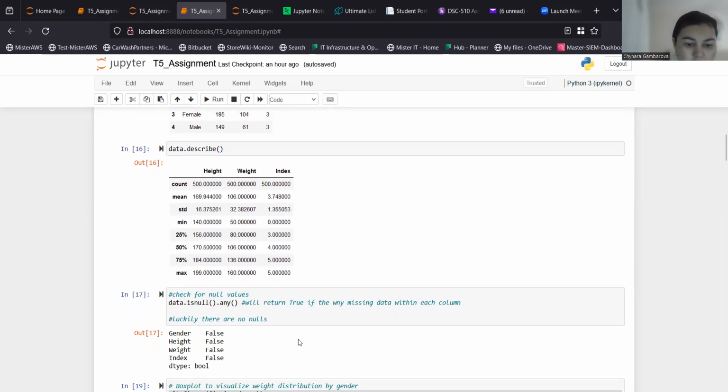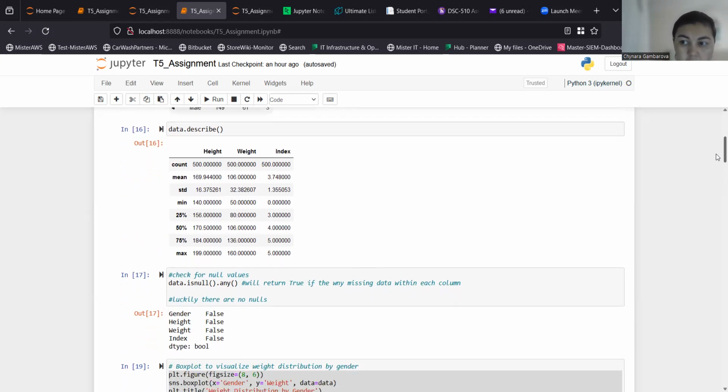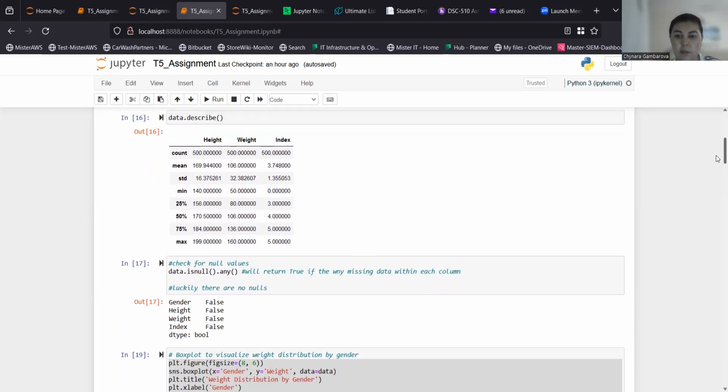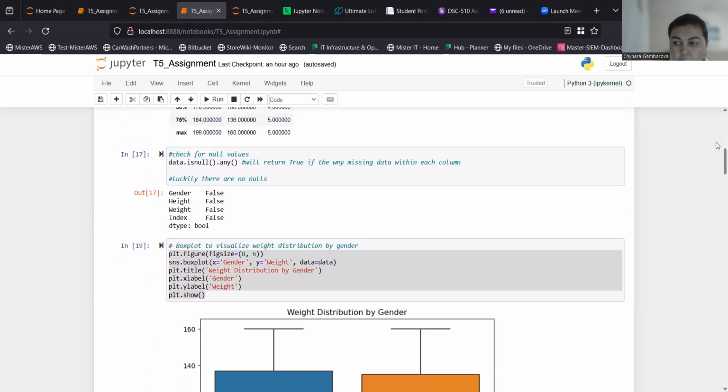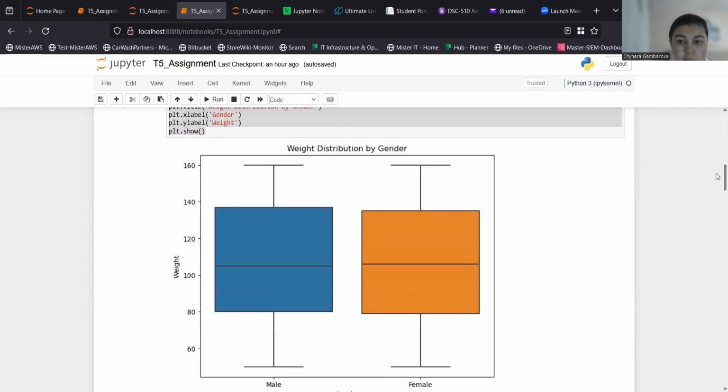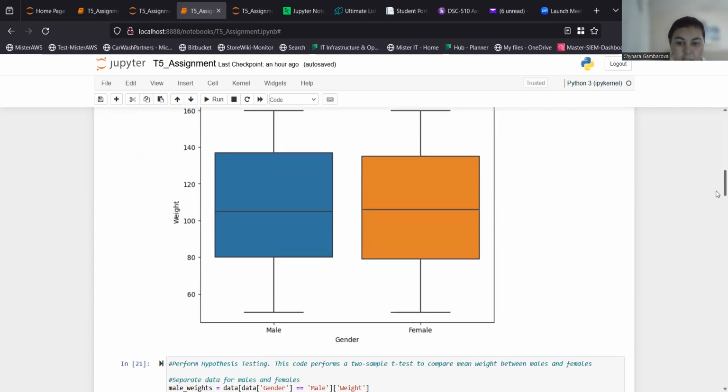I wanted to make sure that there are no nulls, so it is easier to analyze. And then I visualized a box plot to look at the distribution of the weights, and you can see visually that the distribution is very similar by gender. For male and for female, they are pretty much the same.